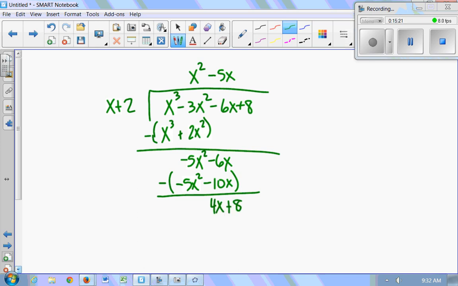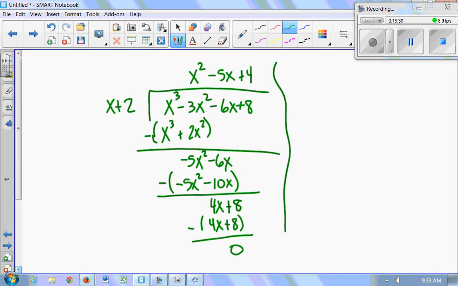Bring down the 8. X times what will give you 4x? 4. 4 times x is 4x. 4 times 2 is 8. Subtract, and you get 0. So that's the other factor, right? So we now know that x squared minus 5x plus 4 times x plus 2 equals my original function.